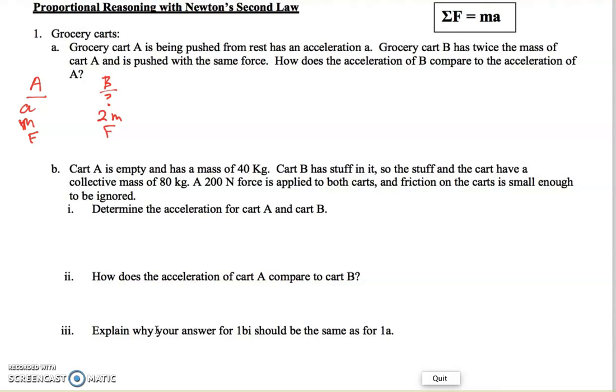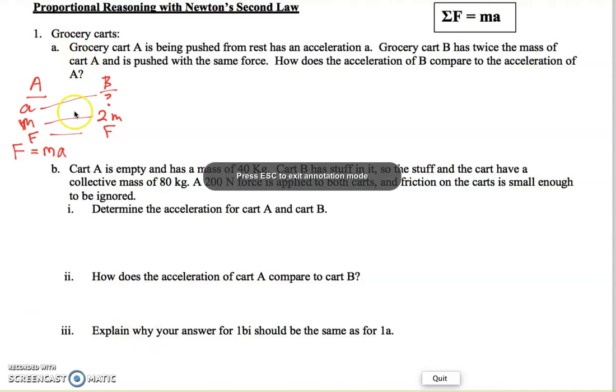My personal preference for approaching these problems is to write it down like this. I've written down the stuff I know and what I want to know, which is this acceleration. Notice that I lined them up. Then I think about the relationship, Newton's second law, F equals ma.